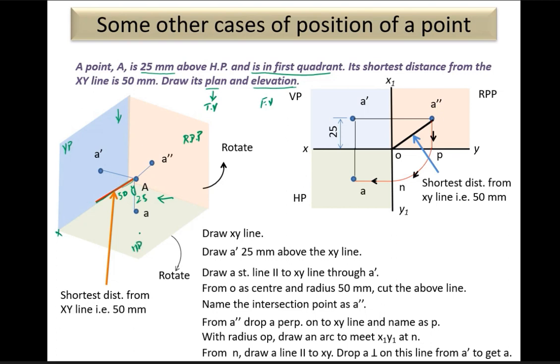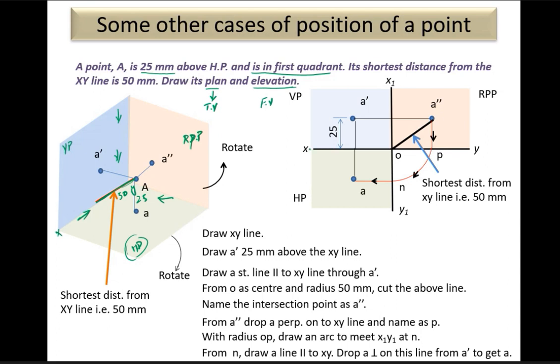HP means plan, we don't know about the plan. So this dimension 50 is only visible in the right profile plane, which we observe from this direction.